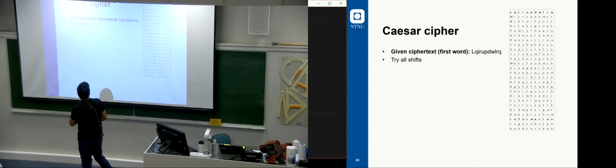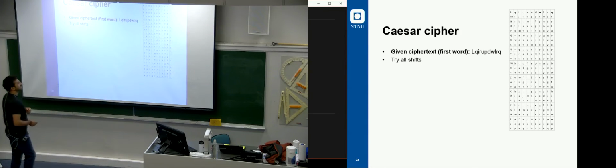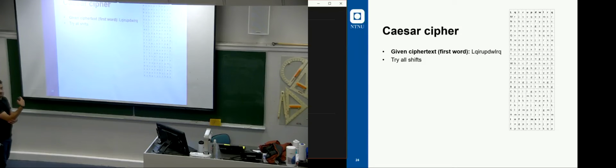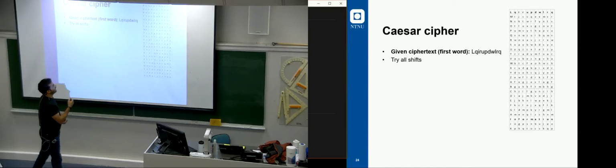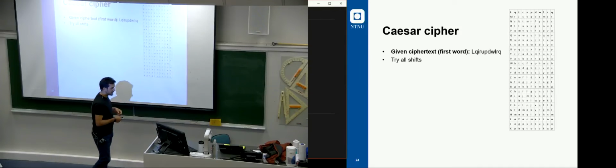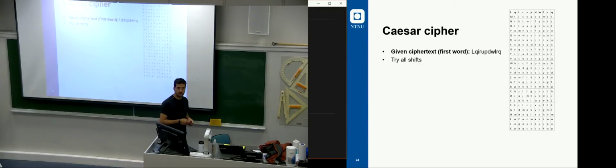We have the first word here, and we don't know if the key is 3 or 4 or 5 or 6 or 25. Then we take all the shifts, say from L, up to 26, whatever the possibilities are. And we get this long table, long grid.